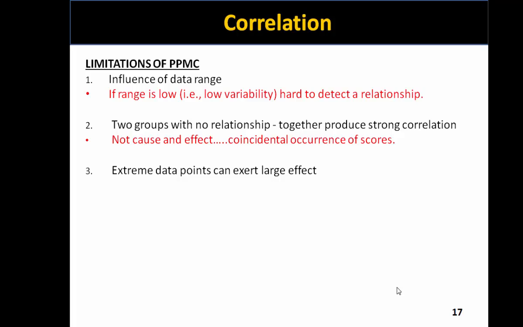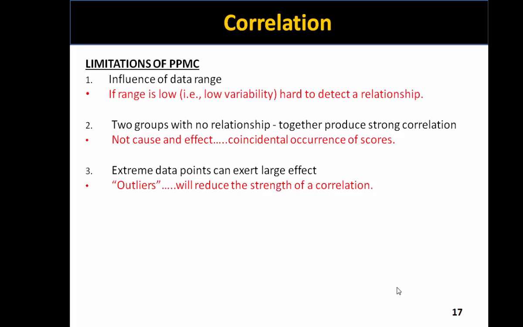Extreme data points is what we'll address a little bit later, but extreme data points, even only a few of them, can exert a large effect, and we refer to these sometimes as outliers. As we'll learn a little bit later, there are actually two different terms when referring to these extreme data points.